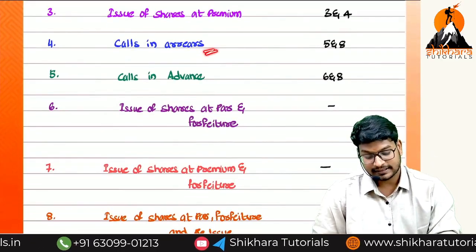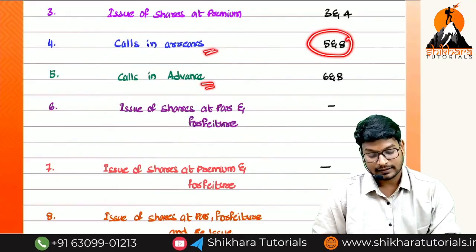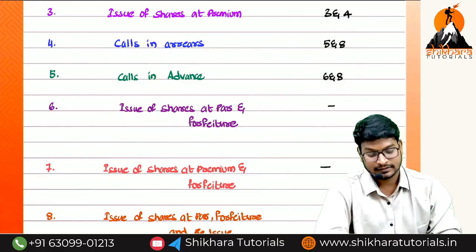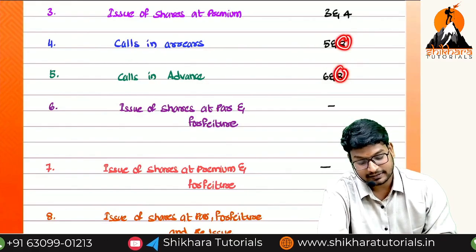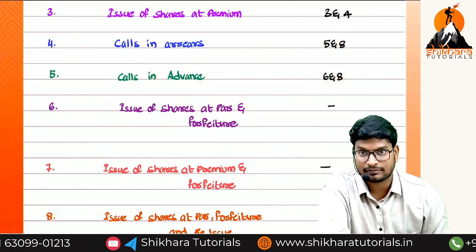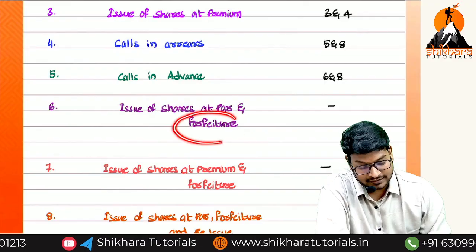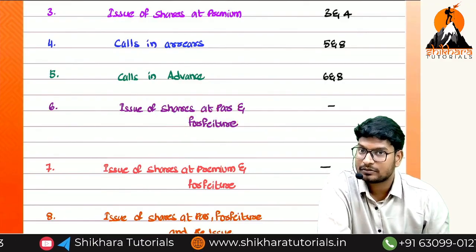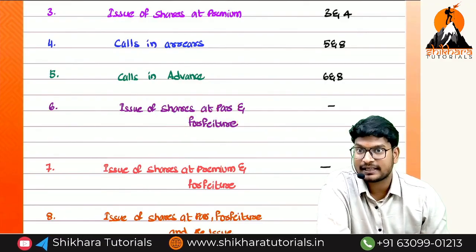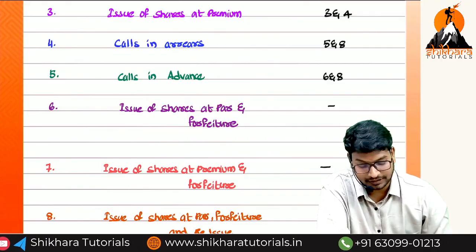And next, calls in arrears, we are having 5 and 8, and calls in advance 6 and 8. The eighth question is repeating here because both points are covered in that eighth question. When coming to the issue of shares at par and forfeiture, that point is nowhere available in the questions. Directly they're asking the premium point only.